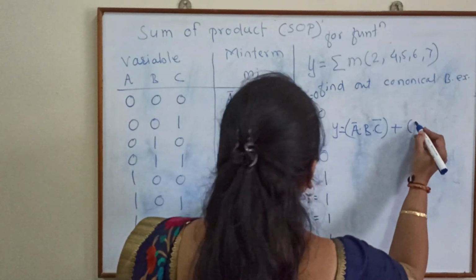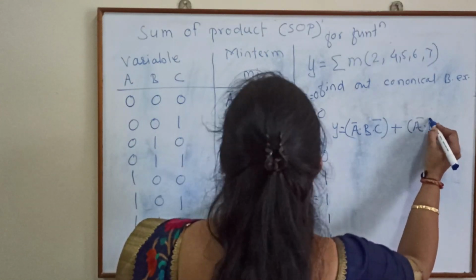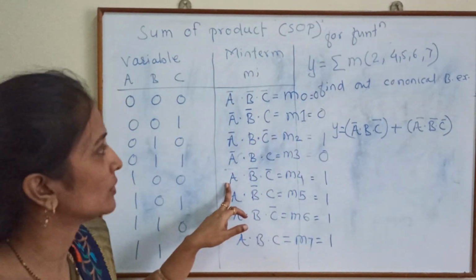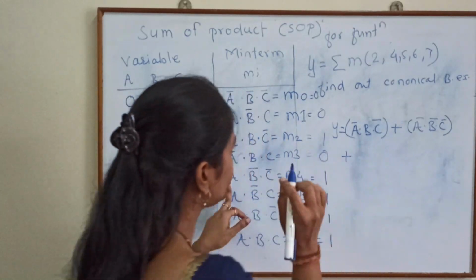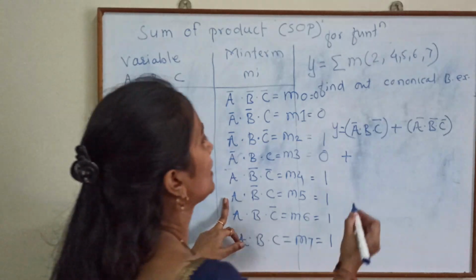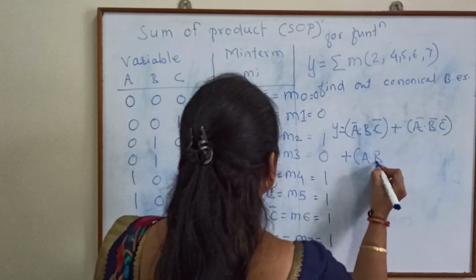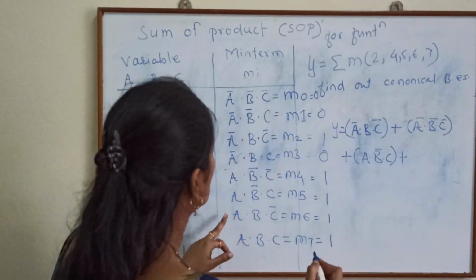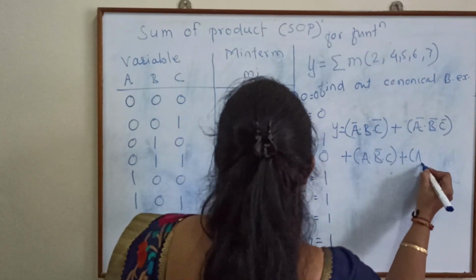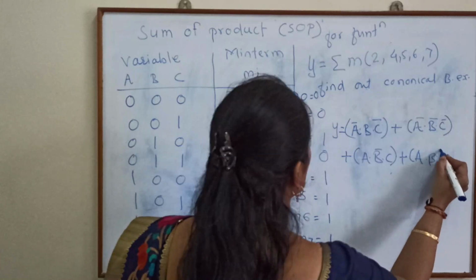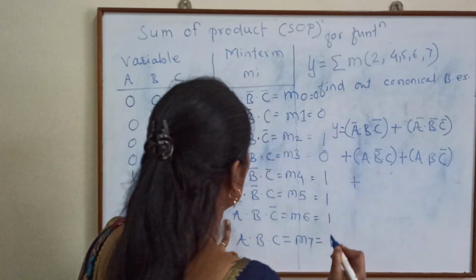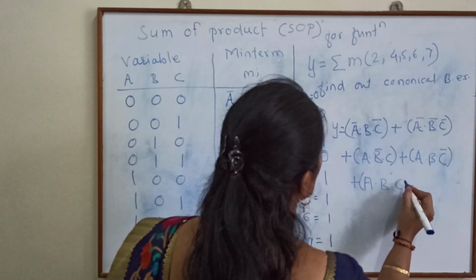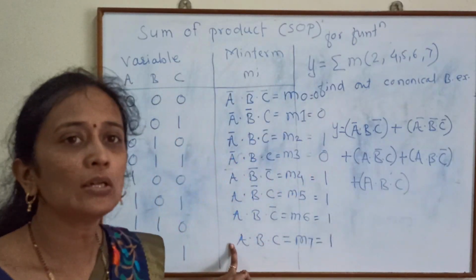Next is A bar into B bar into C bar. This is the second min term. Plus, next, A into B bar into C, plus A into B into C bar, plus A into B into C. This is the given function.